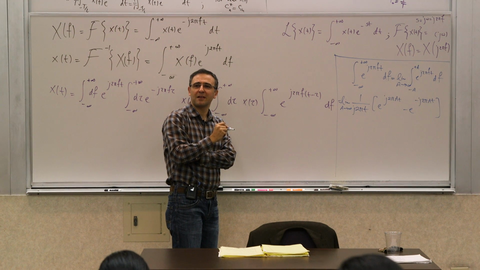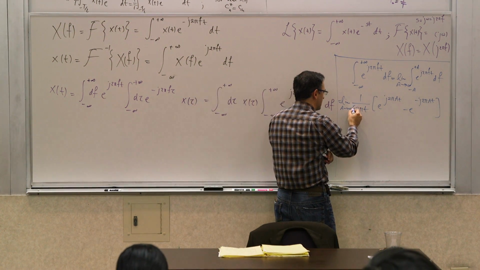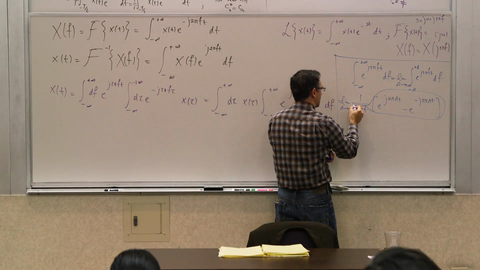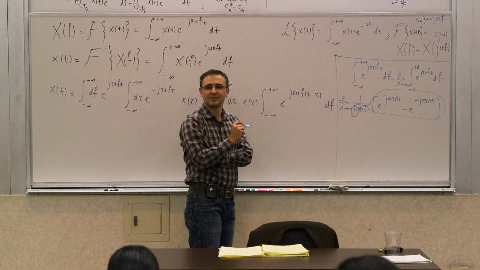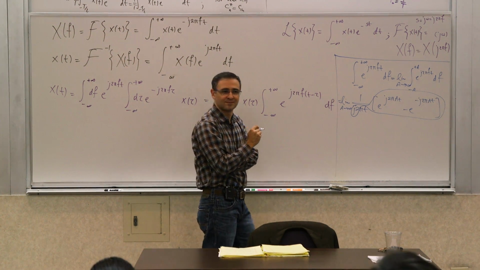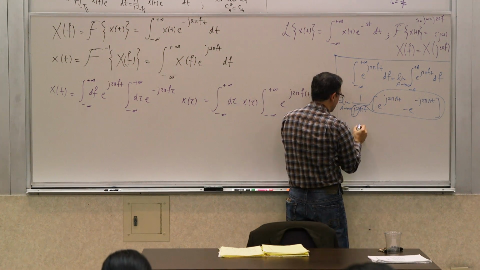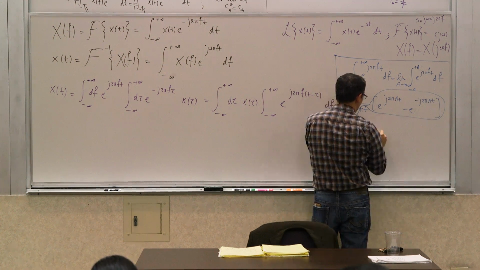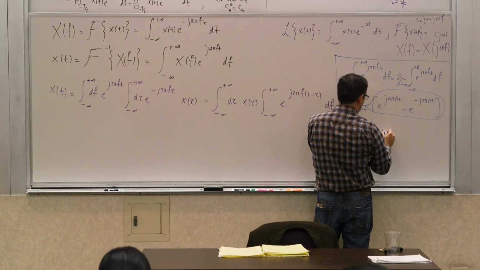Do you see a familiar form here? Something we can work with. If I take this 2j with the rest of this, what is that? Sine, right? So this becomes the limit of a going to infinity of 1 over pi t times sine of 2 pi a t.